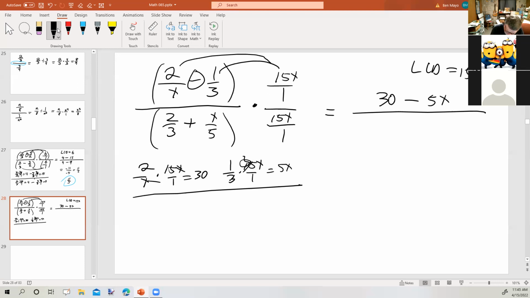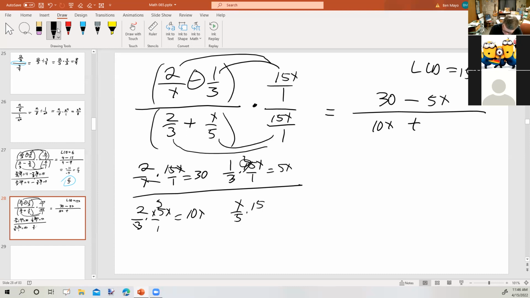Okay. 2/3 times 15x over 1 is going to be 10x. Plus x over 5 times 15x over 1 is going to be 3x squared.